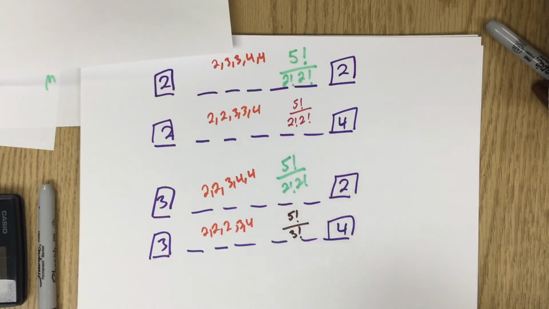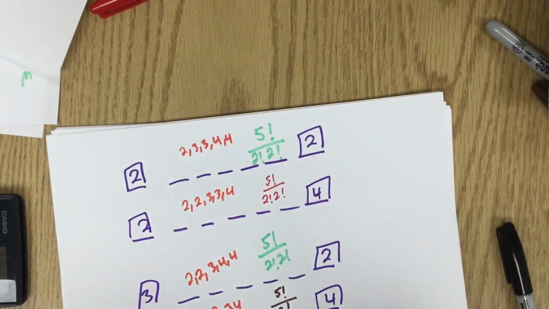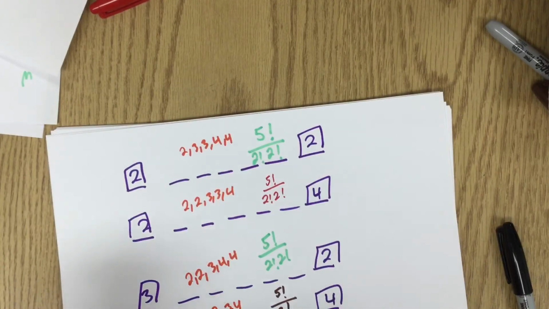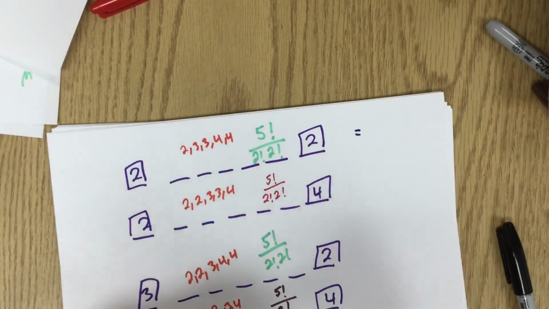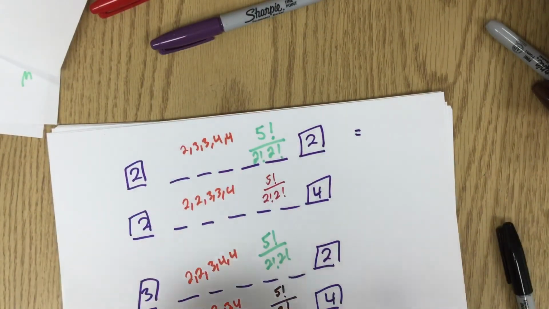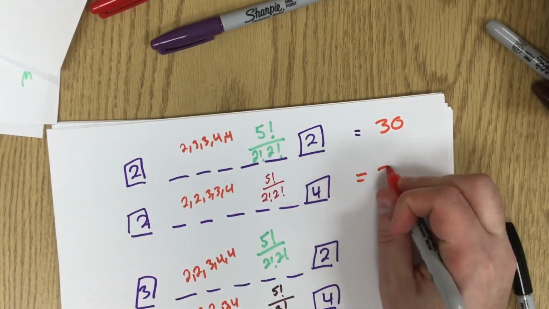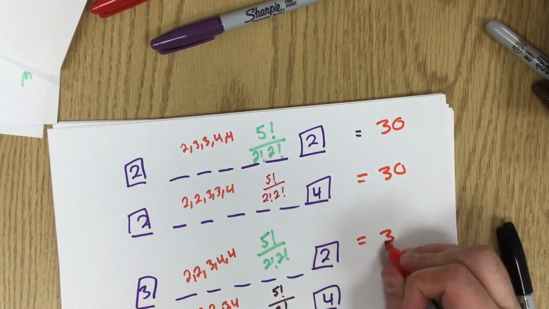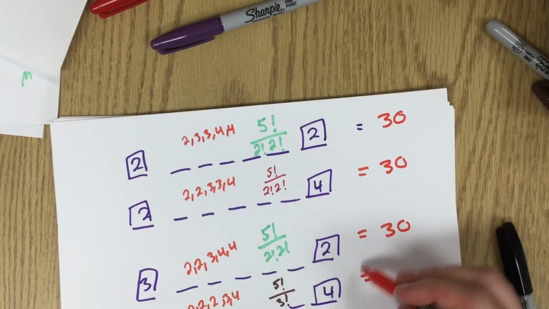Okay, so what do we get? 5 factorial divided by 2 factorial, 2 factorial gives us 30, and that's going to give us 30, and that's going to give us 30, and that's going to give us 20.